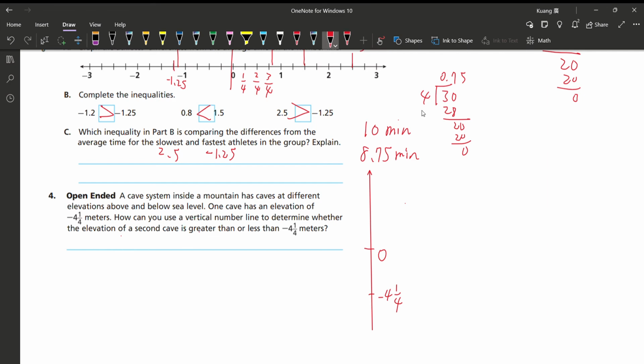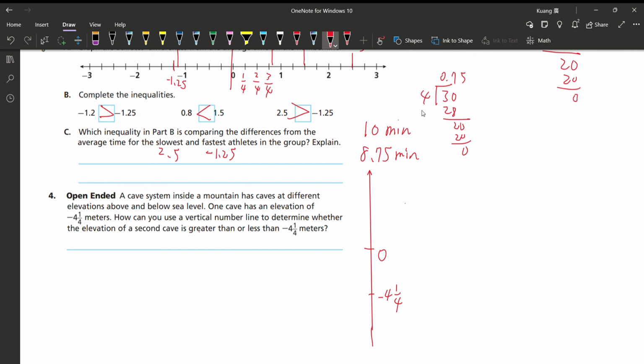The elevation of the second cave is greater than the elevation of the first cave if it is above the first cave. However, if the point of the second cave is below the first cave, then the elevation of the second cave is less than the first cave.